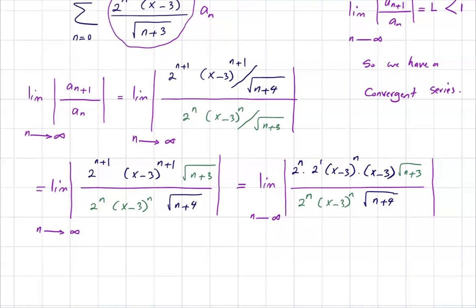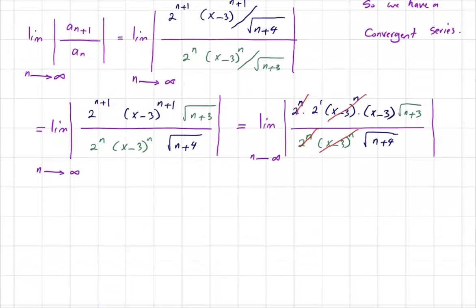Well, you can cancel out 2 to the n, 2 to the n, (x minus 3) to power n, (x minus 3) to power n. So you end up with the limit of the absolute value of 2 times (x minus 3). Good, we simplified this to a very nice quantity times square root of n plus 3 divided by square root of n plus 4.